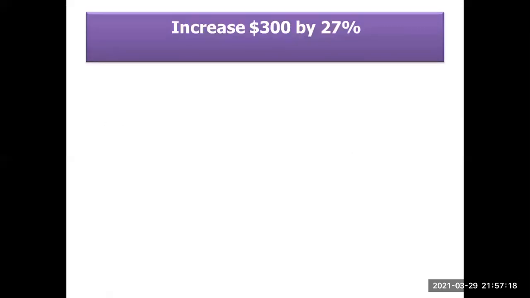In this first example here, we have a question: increase $300 by 27%. Now, of course, if you do not know how to work with percentages, I've created a video on that. I would recommend that you go back and watch that video on how to work with percentages.